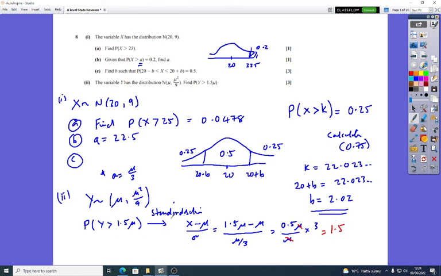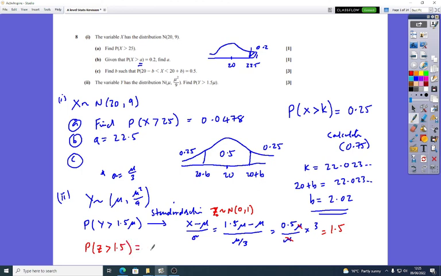By standardizing, with the standardization we moved it to a normal distribution with a mean of 0 and a variance of 1. Now I can use that to find the probability of the standardized variable. We could call that z, because that's what we call the standardized variable. So in z, we need to find the probability of z being greater than 1.5.